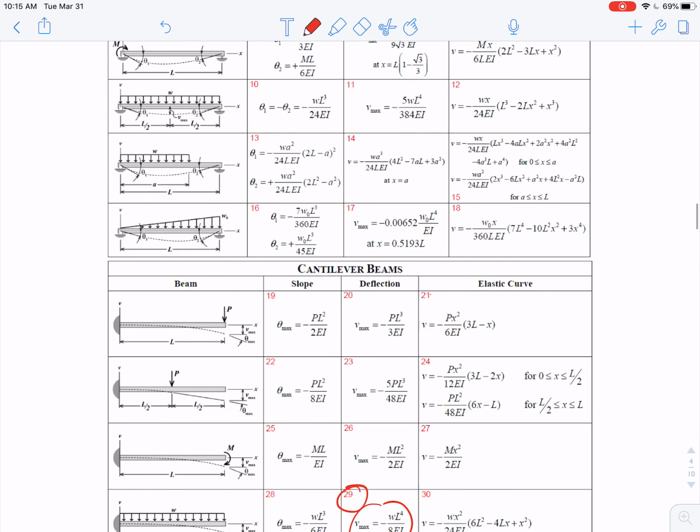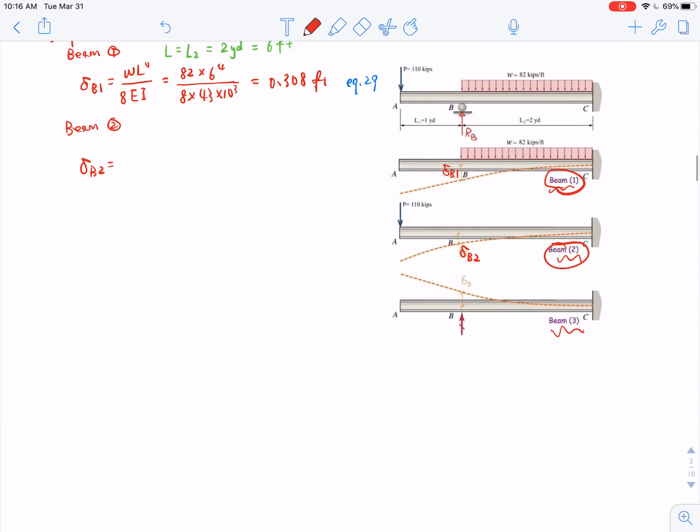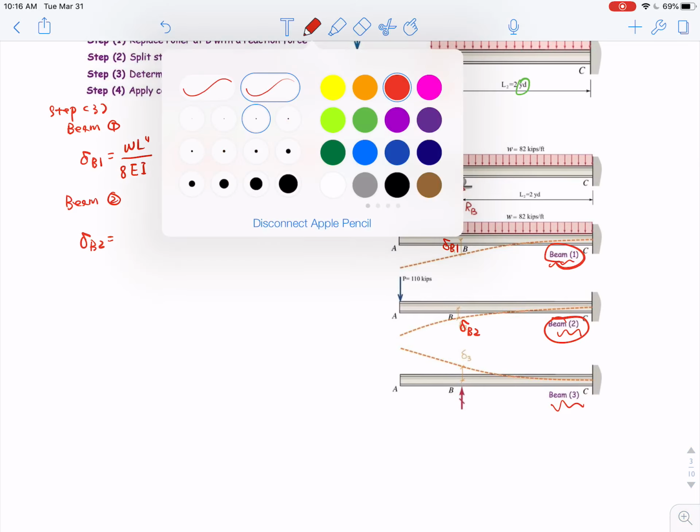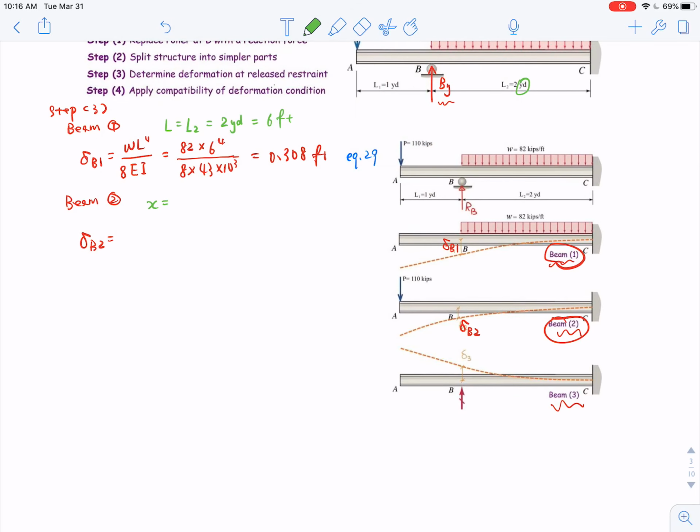I believe that will be equation 21, because this is a cantilever beam subjected to a concentrated load at the free end, and we're calculating the deflection at a point X. So in our case, X equals L2, or 6 feet, and L equals L1 plus L2, that is 9 feet.